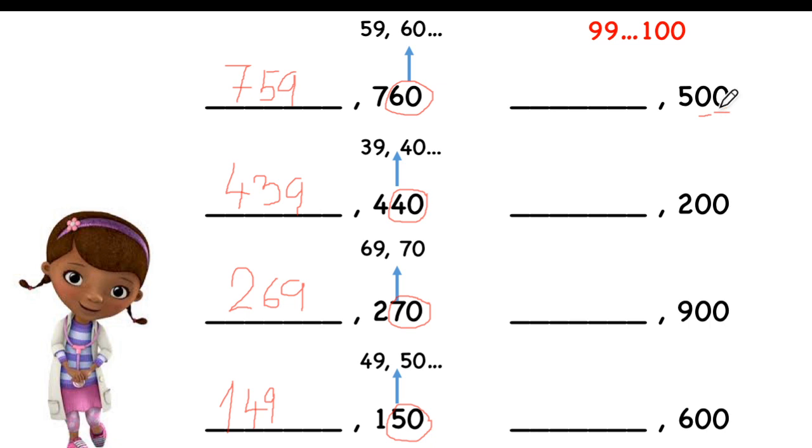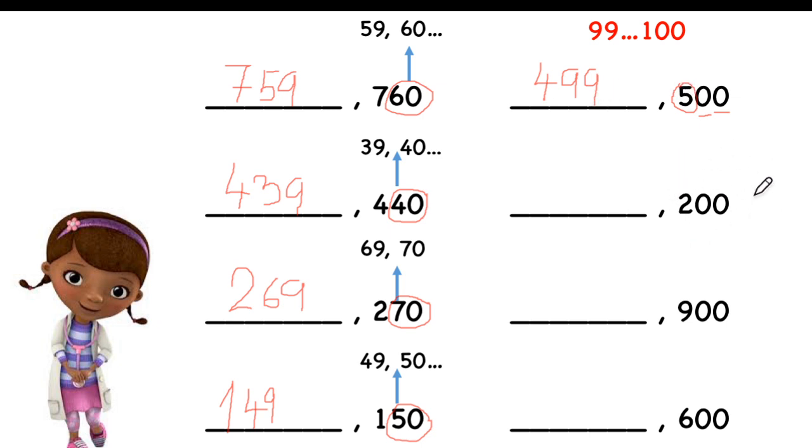The number before 500 must be 100 less. What is 100 less? 500 minus 100. 5 minus 1 will be 4. And here you will change the 100 to one number less, 99. 499. It's before the 500.